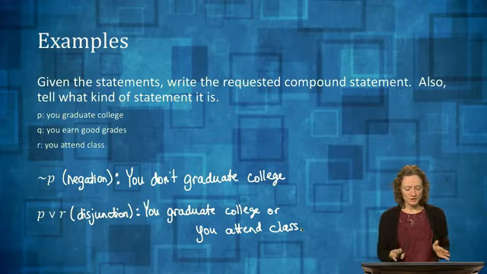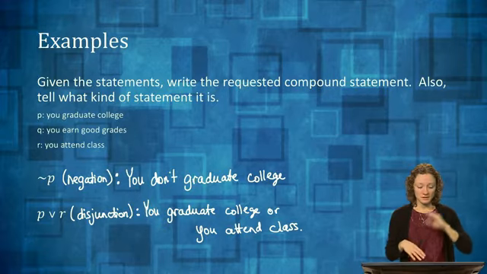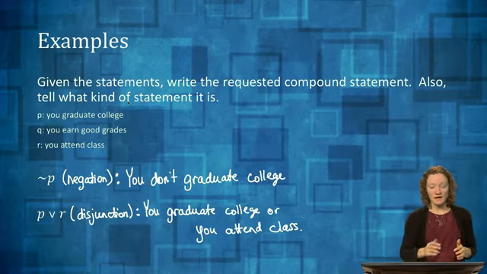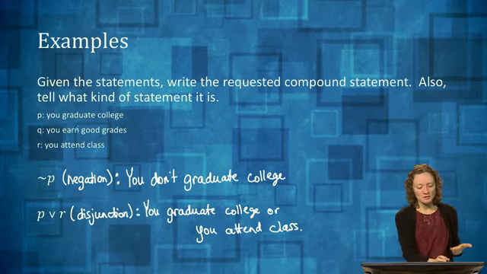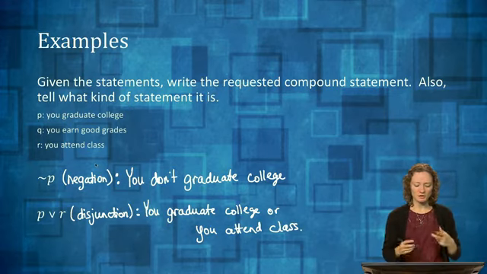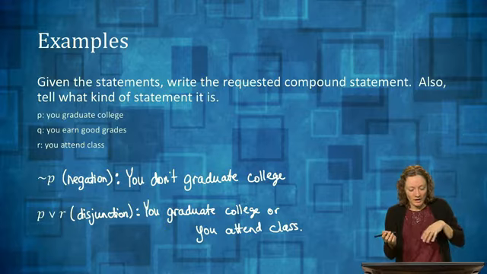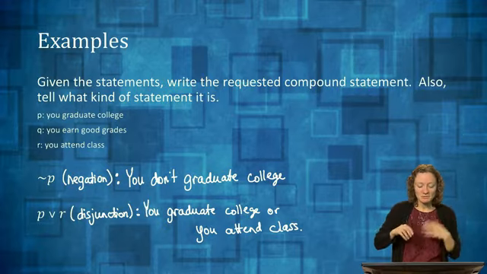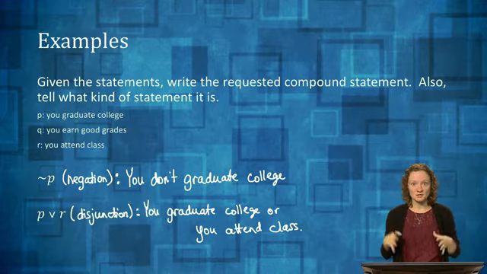The sentences in these translations aren't always going to sound great, and even in the homework, they're going to sometimes pick ideas that have absolutely nothing to do with each other, and it's done on purpose. I've chosen some ideas that have something to do with each other: college, grades, and attending class. But you have preconceived notions about whether getting good grades means you attended class, means you'll graduate college, and you can't let any of those things bog you down.